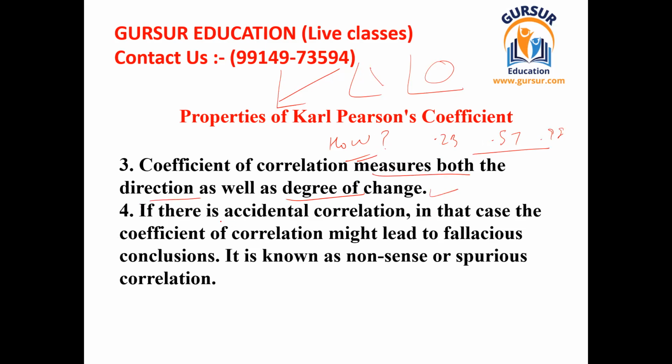Then if there is accidental correlation, this may lead to fallacious conclusions. That means this is a spurious correlation. This simply means if two variables cannot be attached together with common sense, you can still find their correlation, but that would be a nonsense correlation.